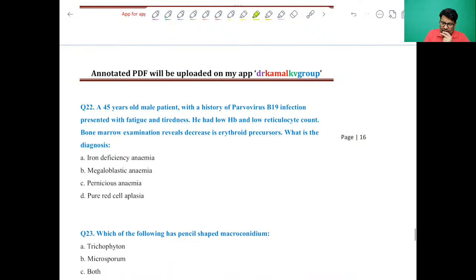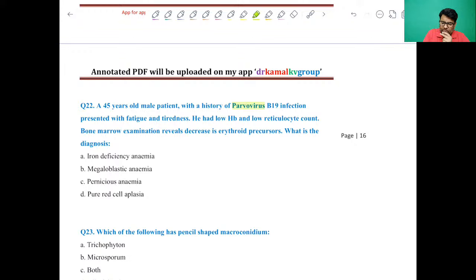A patient has a history of parvovirus B19 infection and is now having fatigue, tiredness, the hemoglobin is low, and the reticulocyte count is also low. And when the bone marrow examination was done, there was decrease in erythroid precursor. So here what we can see, there is parvovirus B19 infection.